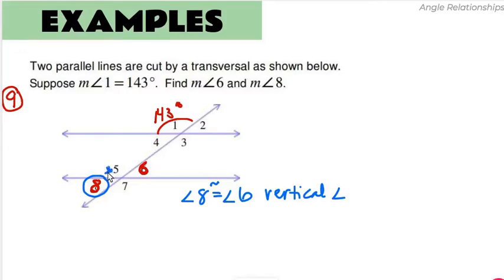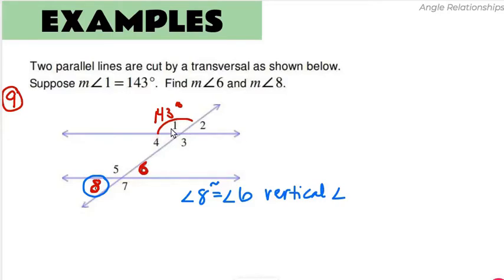Well, if I know 5, could I figure out 8? I could because they're on a straight line, right? If I find 7, couldn't I figure out 8? Yeah, because it's on a straight line. So I'm not going to get straight to 8. I'm going to have to find another angle first, but it's possible.